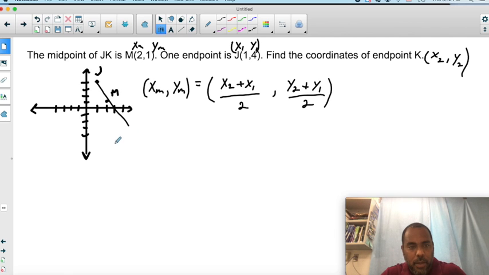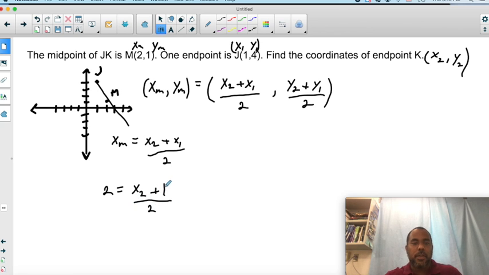So I'm just going to deal in just the x's first. So x of m is equal to x2 plus x1 over 2. X of m, x in the middle is 2, is equal to x sub 2. Now I don't know what that is. That's the K value, and I'll leave it there as x sub 2 plus x sub 1, which is 1, over 2. So the whole thing's over 2.